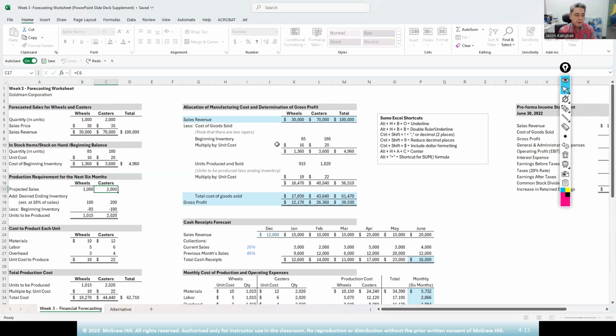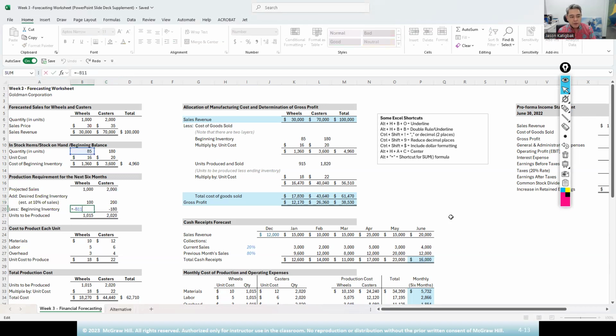I'll press F2 again, then I will add the desired ending inventory. The desired ending inventory is basically a percentage of your projected sales. In this case, we're looking at 10% of your projected sales. That's why we have this formula: projected sales multiplied by 10%. Similarly, it's the same on casters.